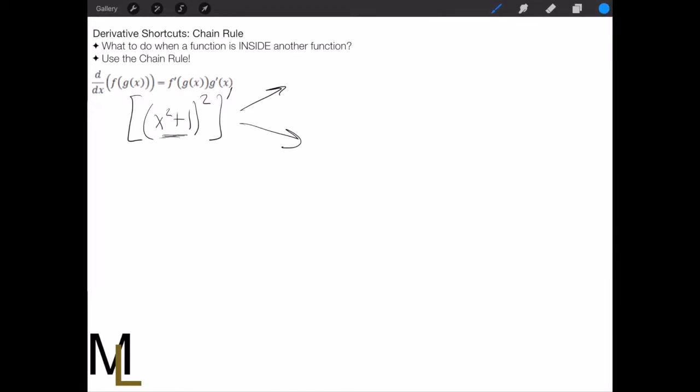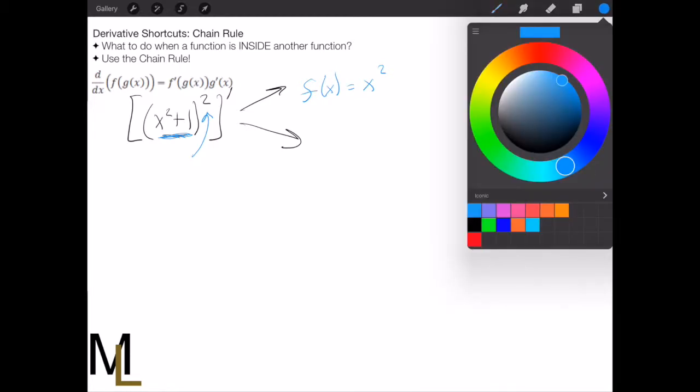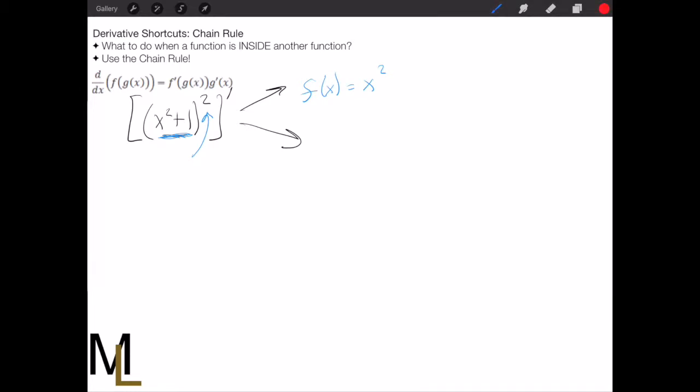The outer function here is going to be x squared, and that's because we have a squared on the outside, and then I can clearly see there's another function on the inside. The function on the inside is going to be what? x squared plus 1.